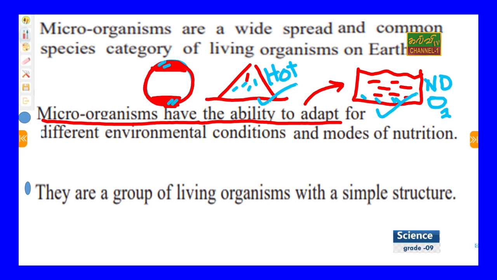The North Pole and South Pole are very cold, with snow and ice cubes. We have found some microorganisms living in this area, right? Therefore, they said microorganisms have the ability to adapt to different environmental conditions and modes of nutrition. Yes, in their environment they can find some food.